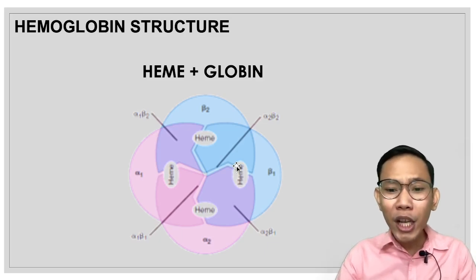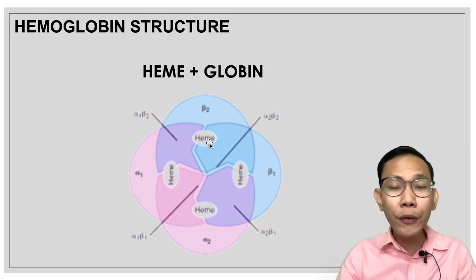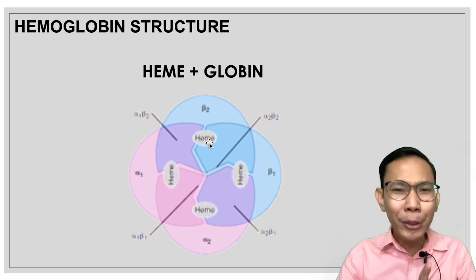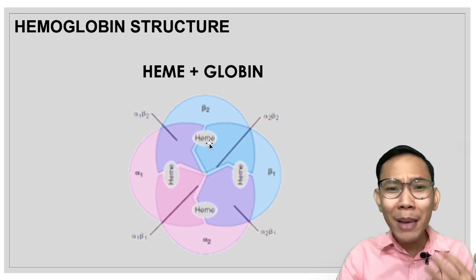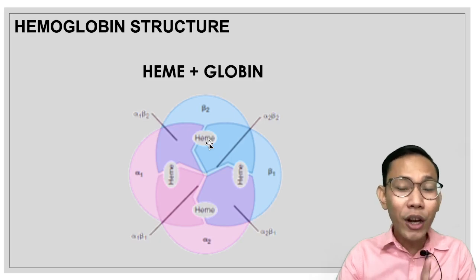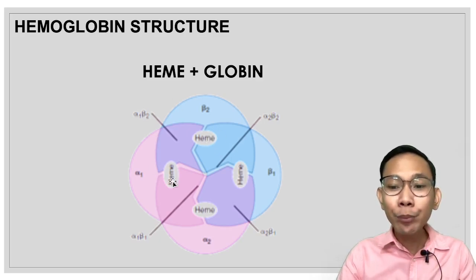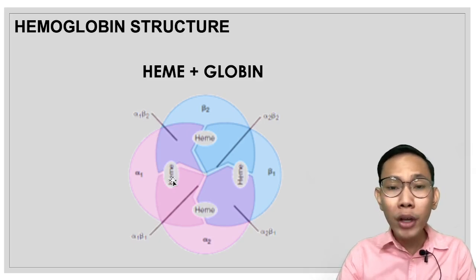So the concentration of your hemoglobin within the RBC is 34 grams per dL. Remember that. That's a very high yield number, ha? Remember that always came out in the board exam. So the concentration of your hemoglobin within the RBC is approximately 34 grams per dL. And its molecular weight is approximately 64,000 Daltons.